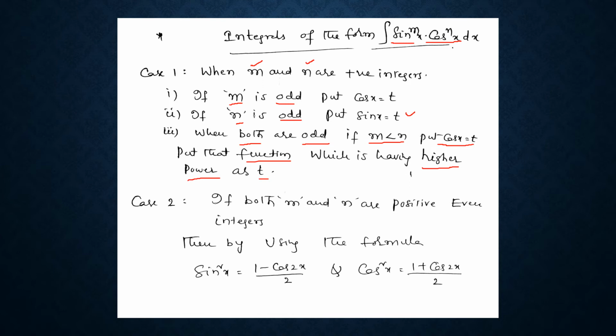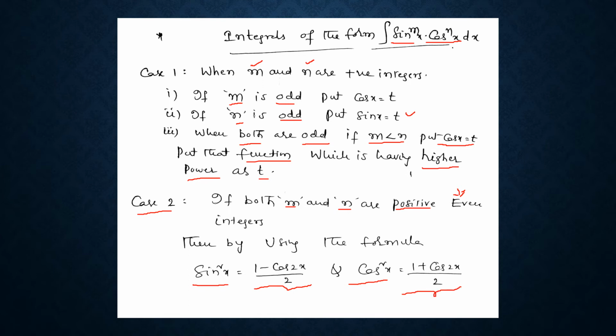Now the second case is if both m and n are positive even integers. To solve such problems, use the formulas for sin square x and cos square x in terms of cos 2x. We know that sin square x can be written as (1 minus cos 2x) by 2 and cos square x can be written as (1 plus cos 2x) by 2.